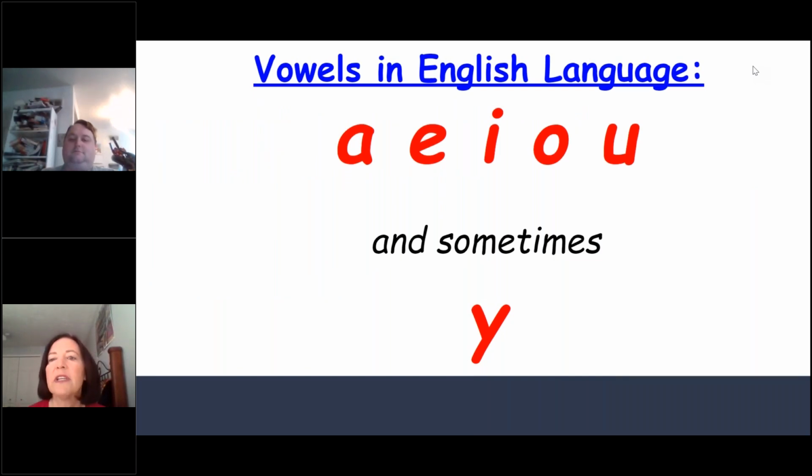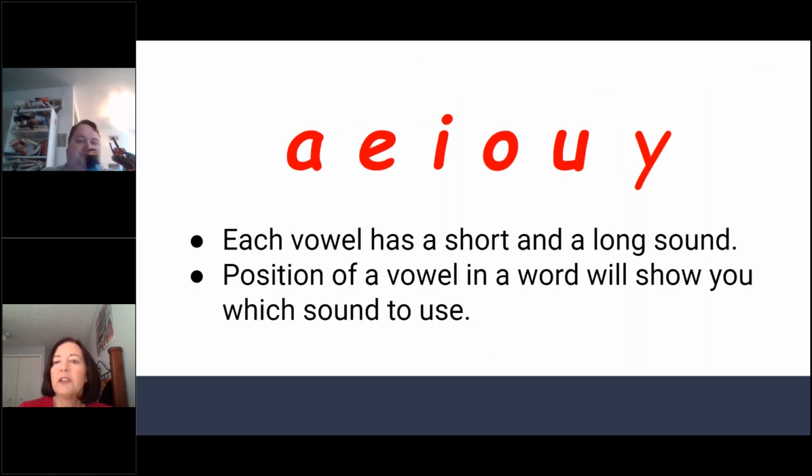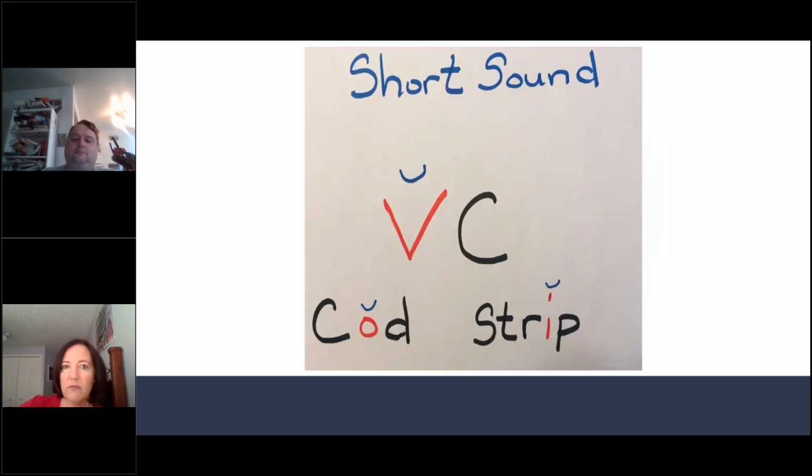We talked last week about the vowels in the English language are A, E, I, O, U, and sometimes Y. We learned that each vowel has a short and a long sound, and also that the position of a vowel in a word will show you which of its sounds to use.